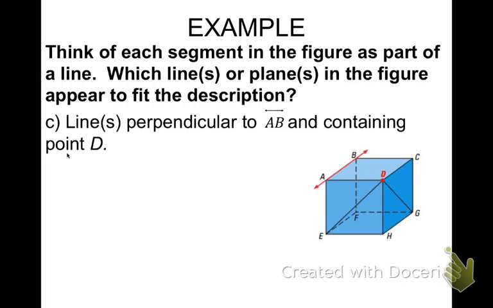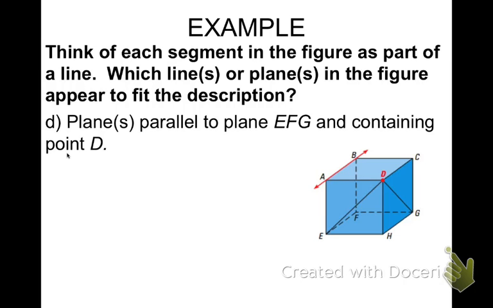Good? All right, so for D, what planes are going to be parallel to plane EFG? All right, so plane EFG, where is that on the box? EFG is on the bottom, right? So we're talking bottom plane. So which plane would be parallel to the bottom?